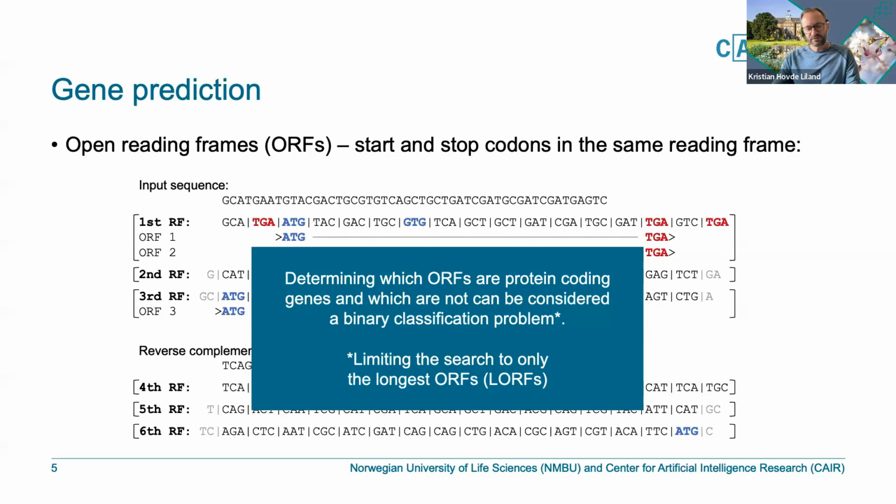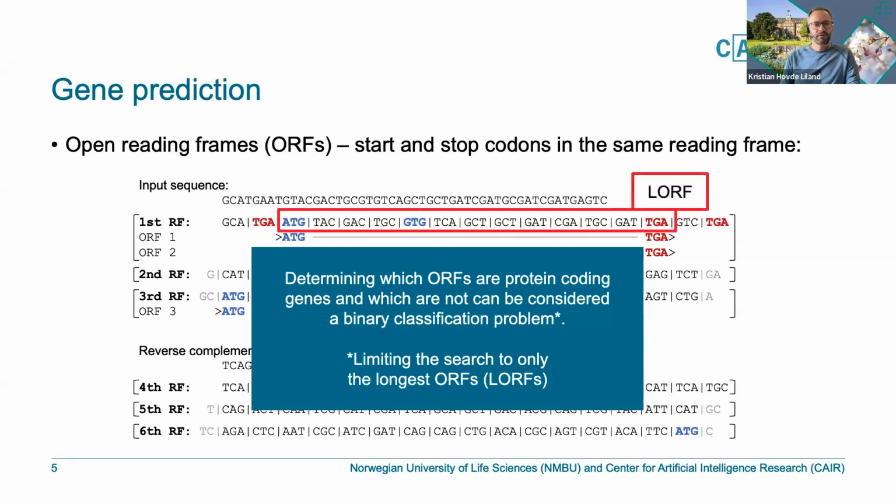Because after we have found which are the potential genes, we will probably do some kind of extra analysis to try to find the function of the genes, how they appear in the organism and what role they have in the regulation. And again, the LORF or the longest ORF, that's from the first potential starting codon to the first stop codon here.